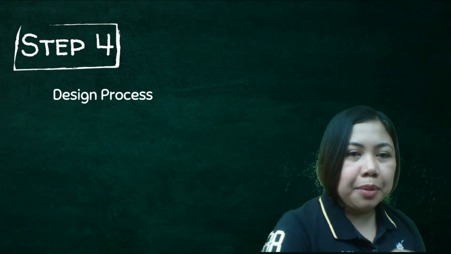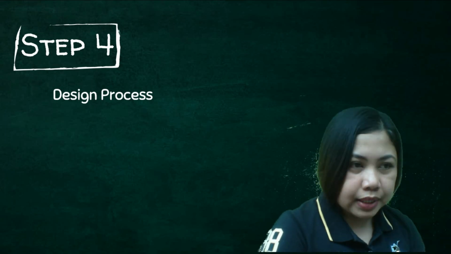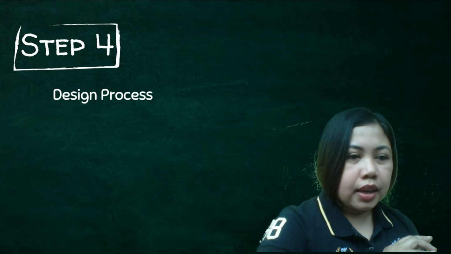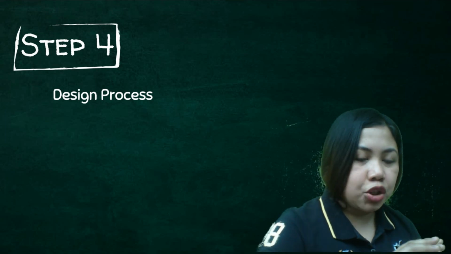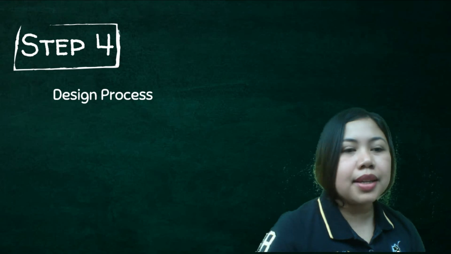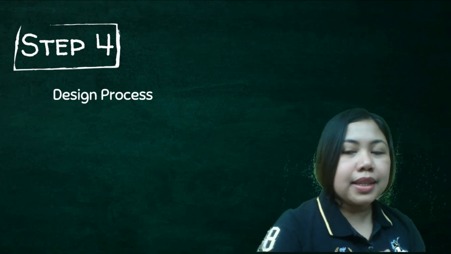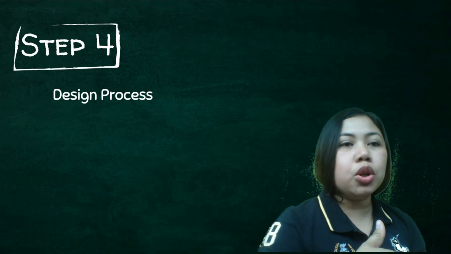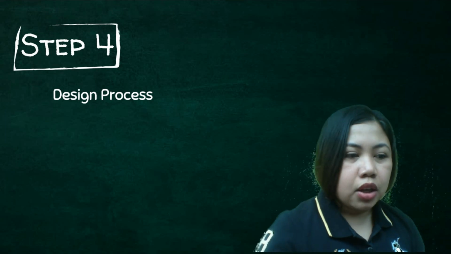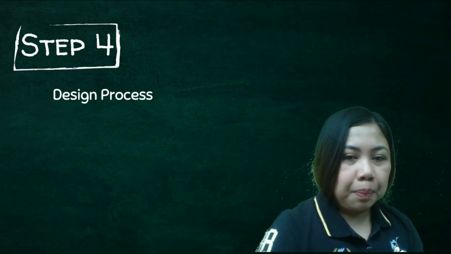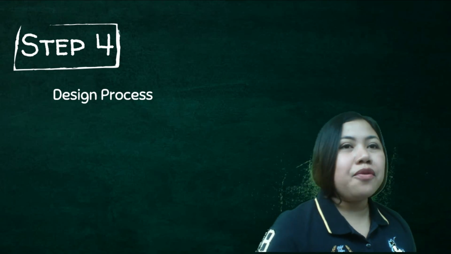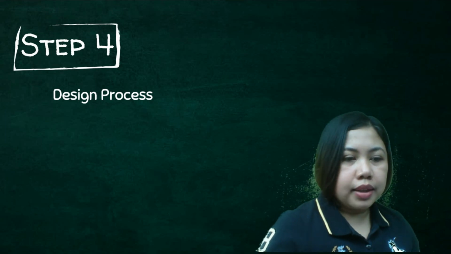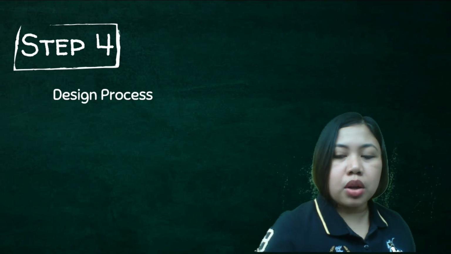So the design process also has steps in achieving a design solution. So since it's a process, you should undergo each process. Do not skip one because it would affect your design thinking or approach.